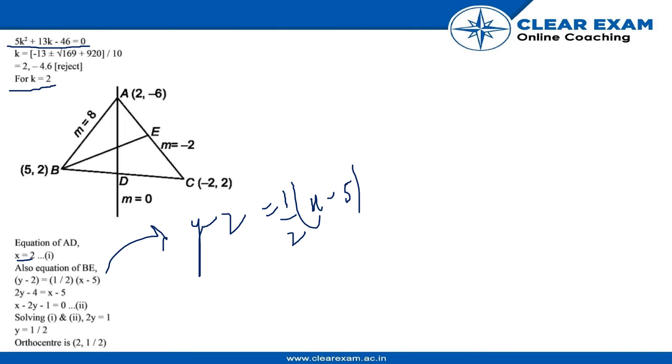This 2 will come to the left, so 2y minus 4 equal to x minus 5, and this would be x minus 2y minus 1 equal to 0.